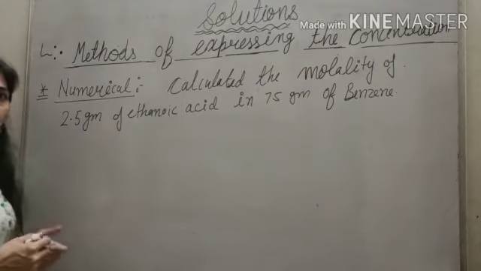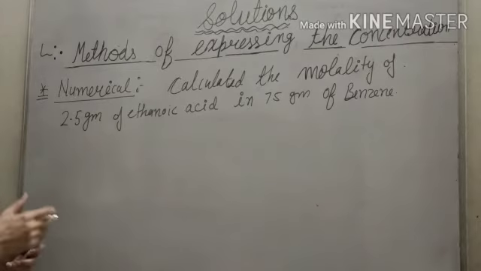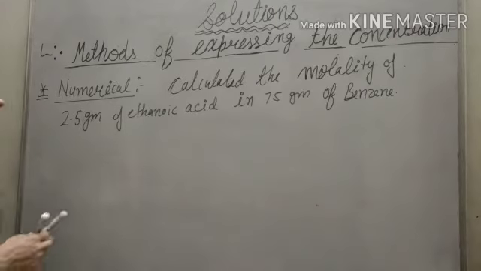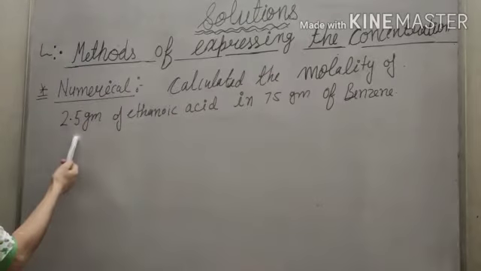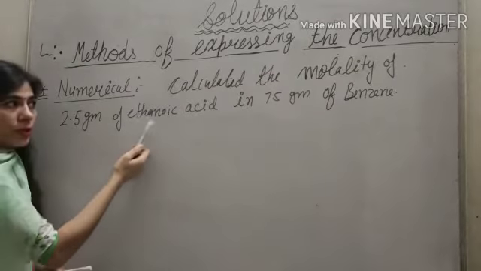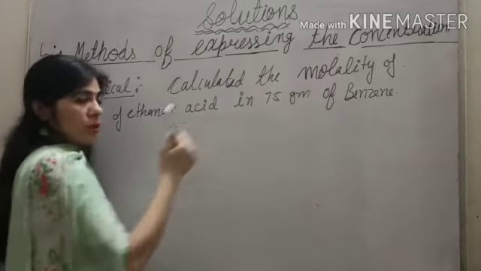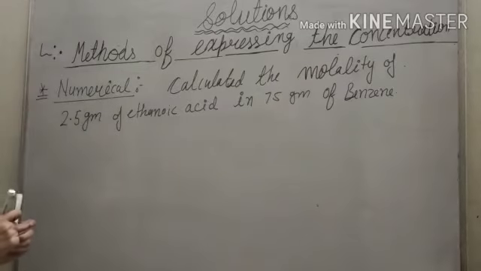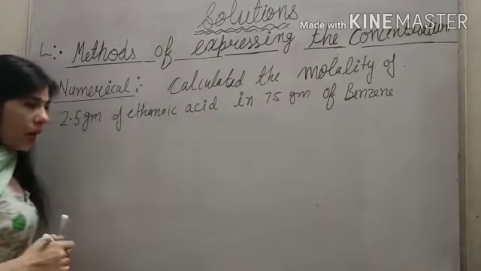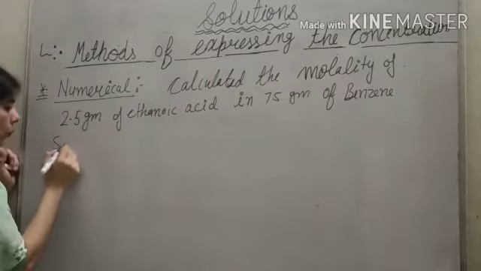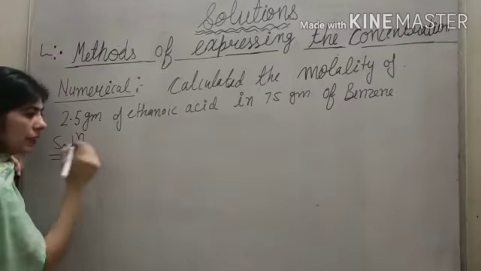Let's do a numerical on the basis of molality. Calculate the molality of 2.5 gram of ethanoic acid in 75 gram of benzene. Now what do we have to calculate? Molality. And what is the formula of the molality?